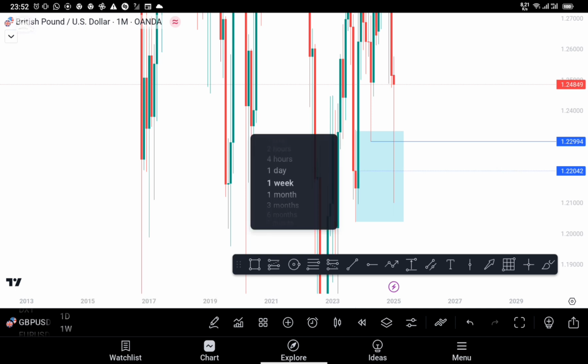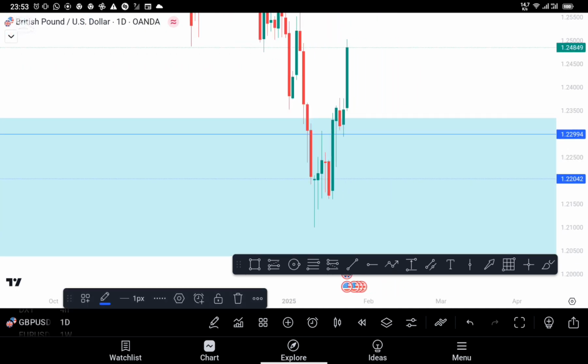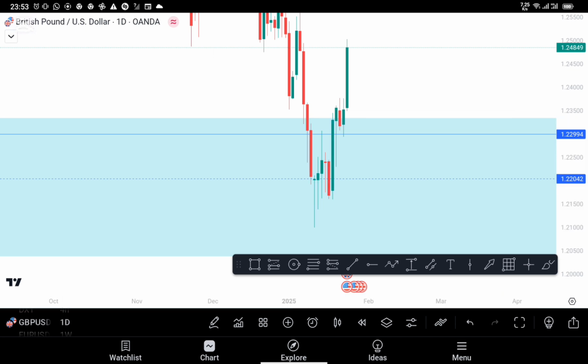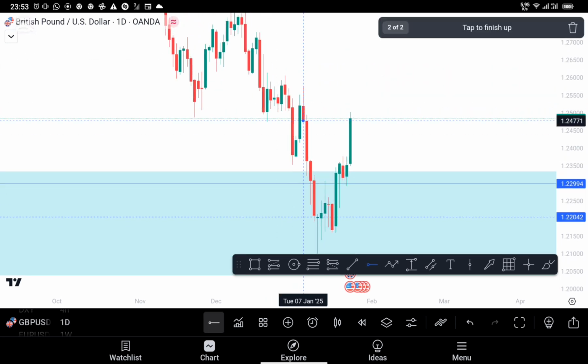After we had tapped the monthly order block, you can see that that's the monthly order block. After tapping the monthly order block and sweeping liquidity, we expanded up, and now we are creating a buy model which agrees with DXY and EURUSD.